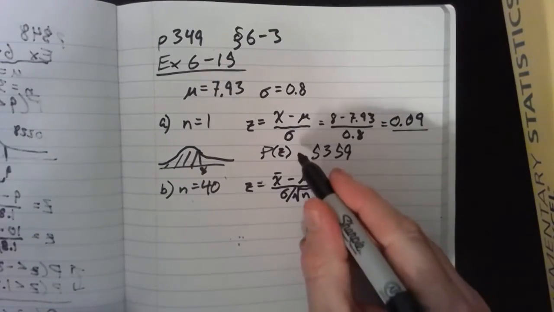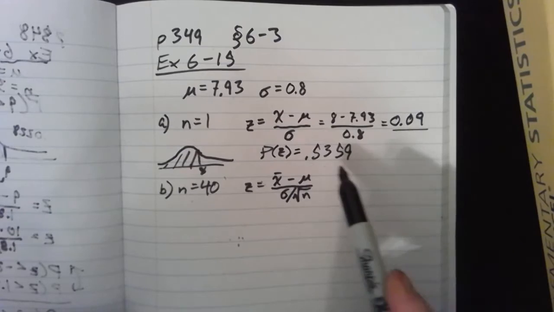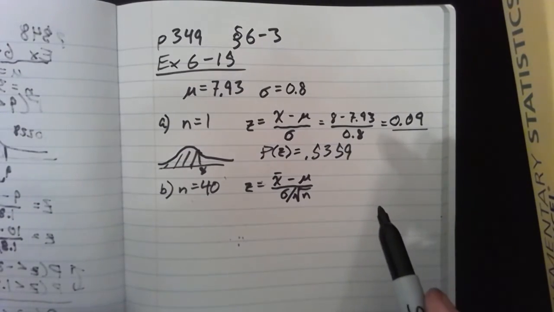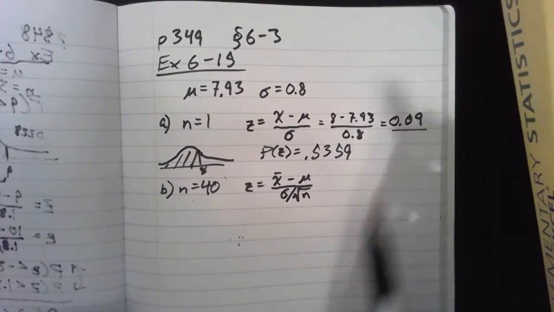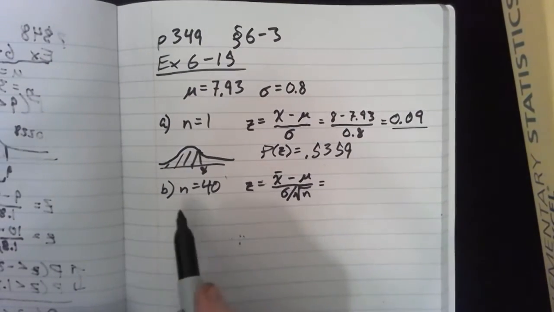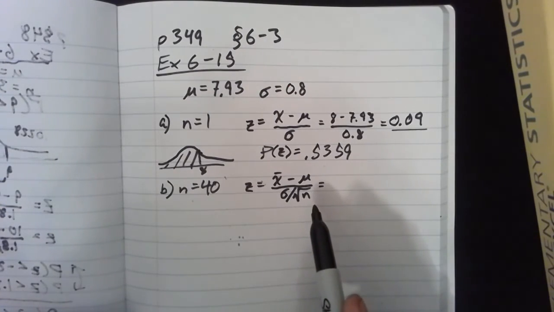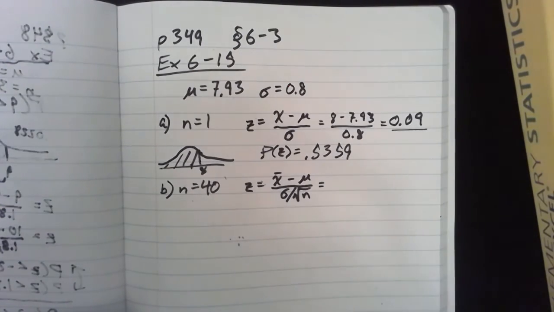So then the probability, or the area underneath the curve, is 0.5359, just looking up that z-score. All right, so what's the difference between this and when we have a sample size of 40? Well, remember, we're going to have to plug in that 40 in here in the square root. So we'll come back and do that and compare notes.